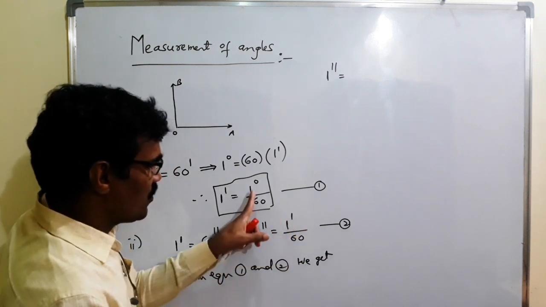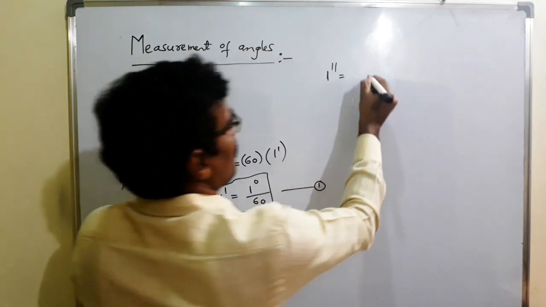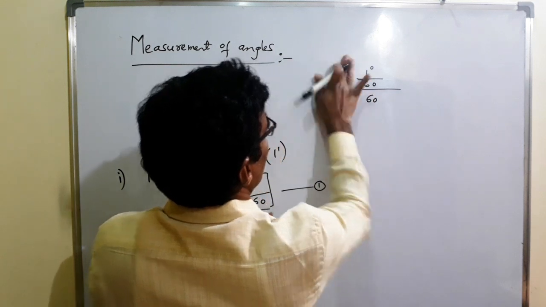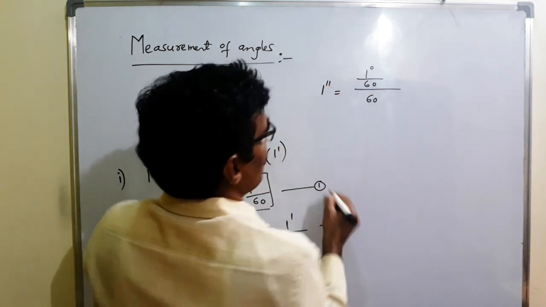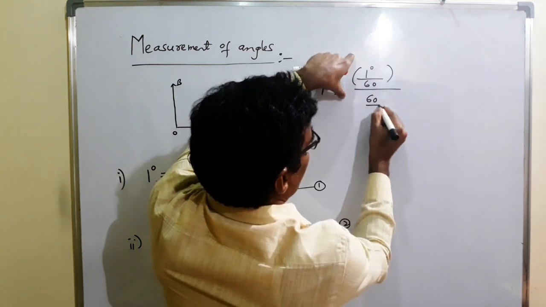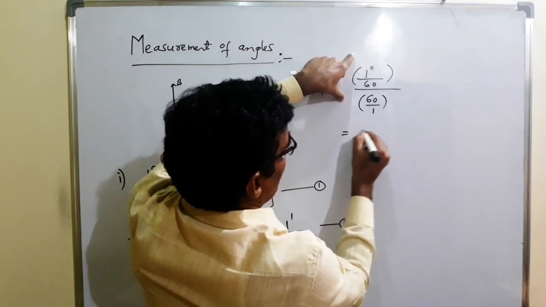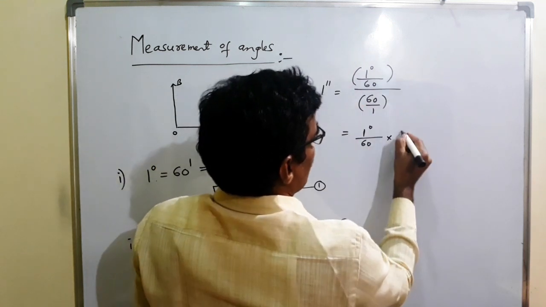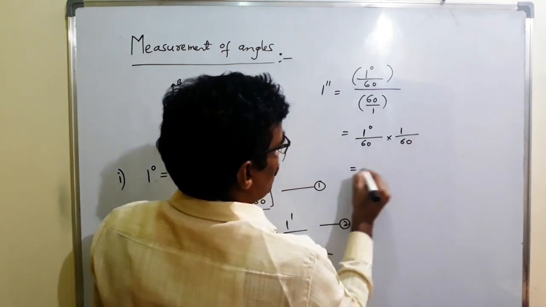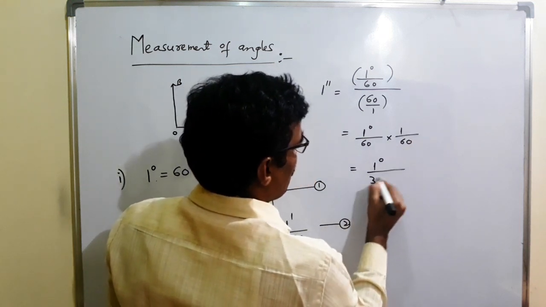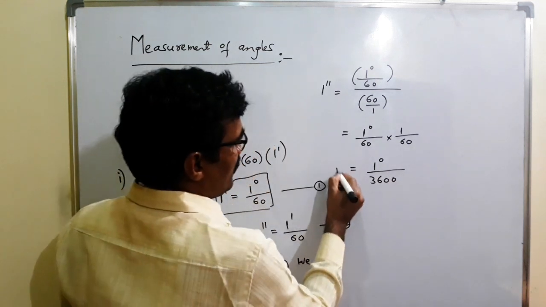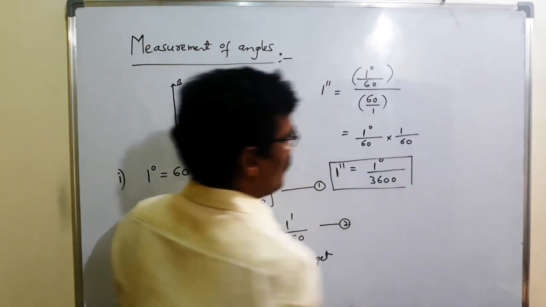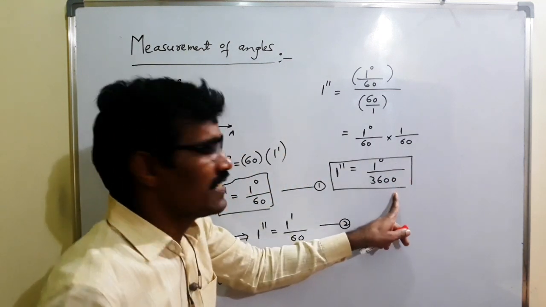Instead of 1 minute, you should write 1 degree by 60. That's why 1 degree by 60 divided by 60. We know that 1 degree by 60 into 1 by 60 is equal to 1 degree by 3600. 1 second is equal to 1 degree by 3600.